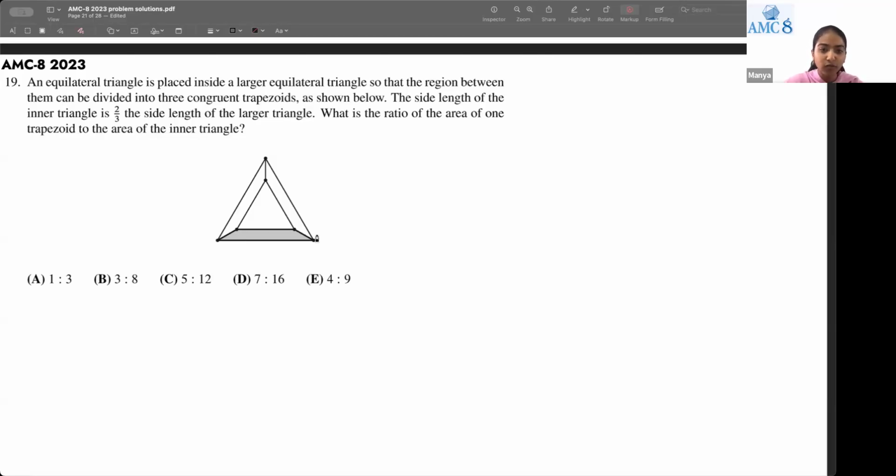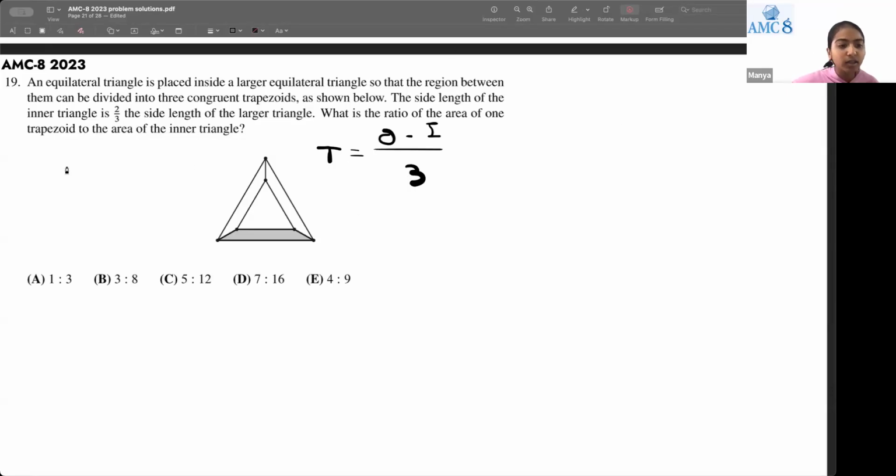So to find the area of one trapezoid, T for trapezoid, the trapezoid would be equal to the area of the outer triangle minus the area of the inner triangle divided by 3, since there's 3 trapezoids right here.